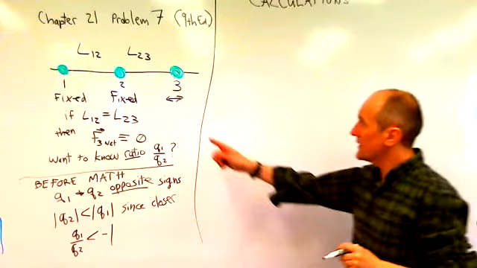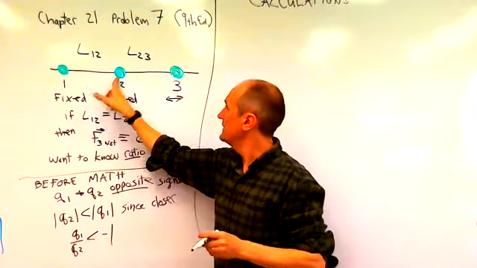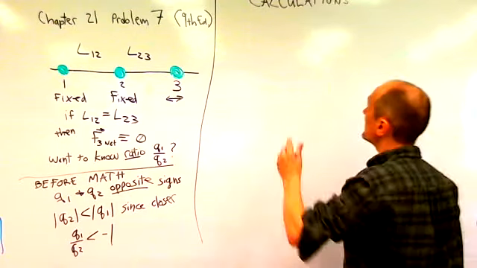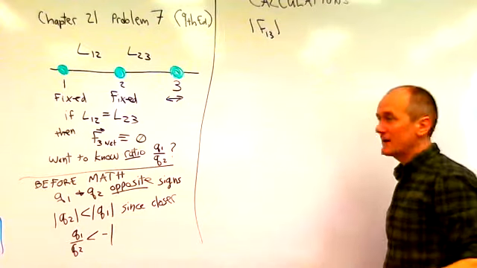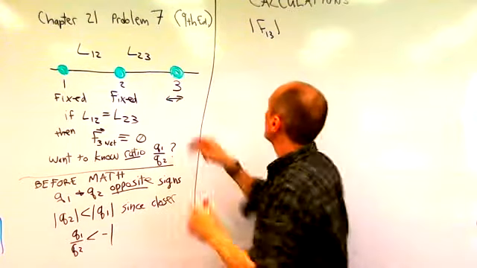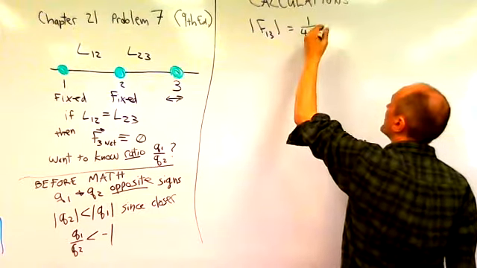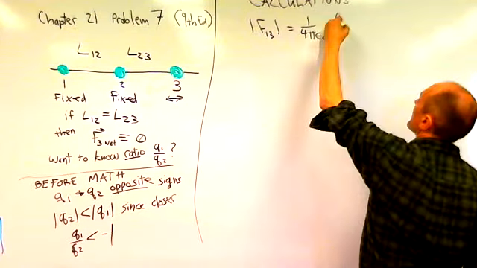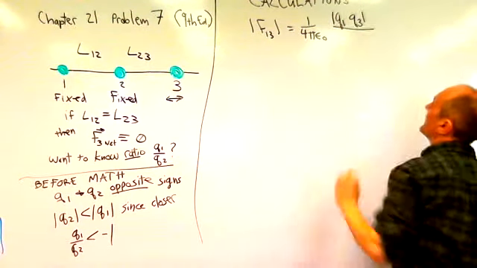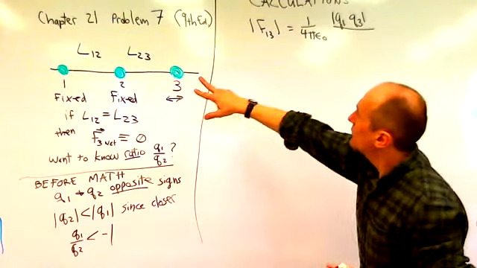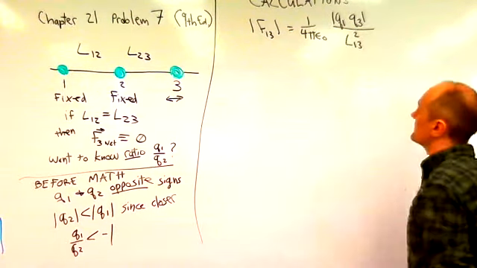Okay, so if we look at what the electrostatic forces are between Q1 and Q3 and Q2 and Q3, just look at the magnitudes. The magnitude of this force is 1 over 4 pi epsilon naught times Q1 times Q3, and we can just put absolute values because we only want the magnitude, over that distance squared.